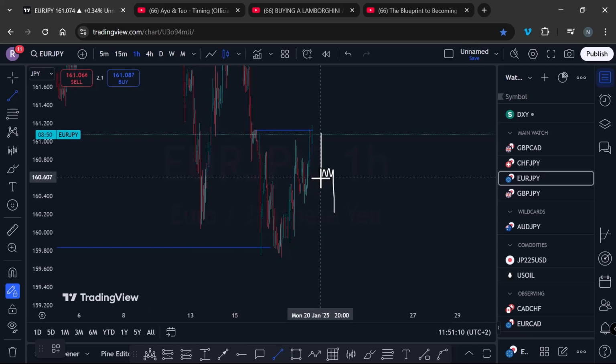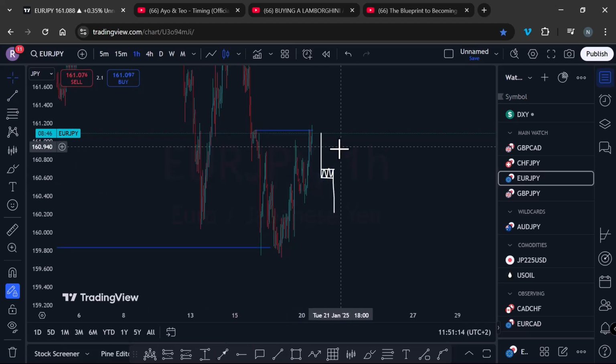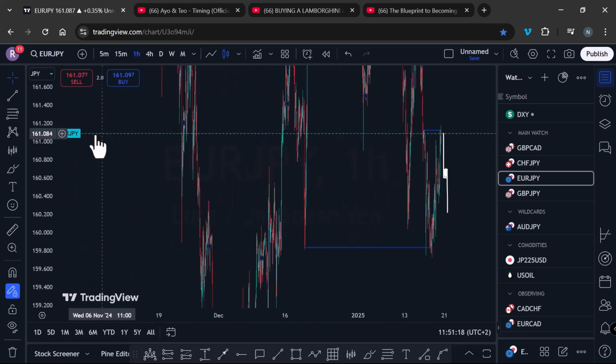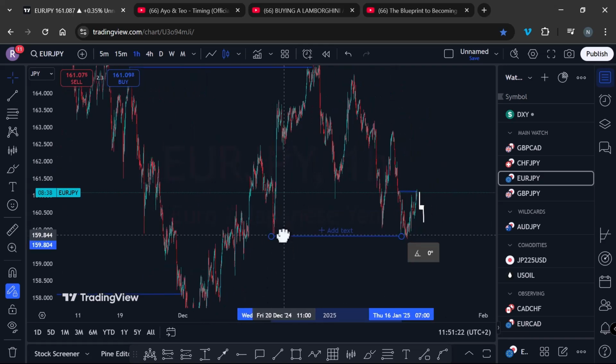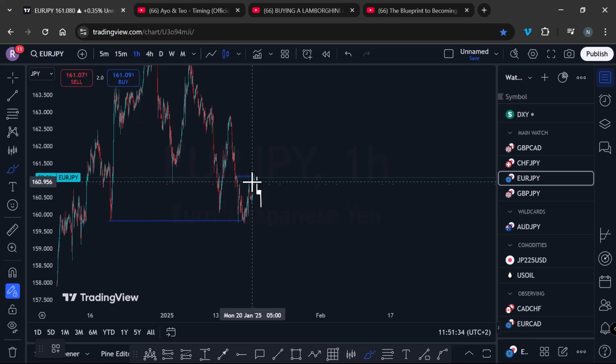Okay, so that's that. That is what I'm looking at off of this area, right? I'm not going to be buying, I'm still looking for my sales regardless. And then if price action wants to go up, I need a momentum shift.